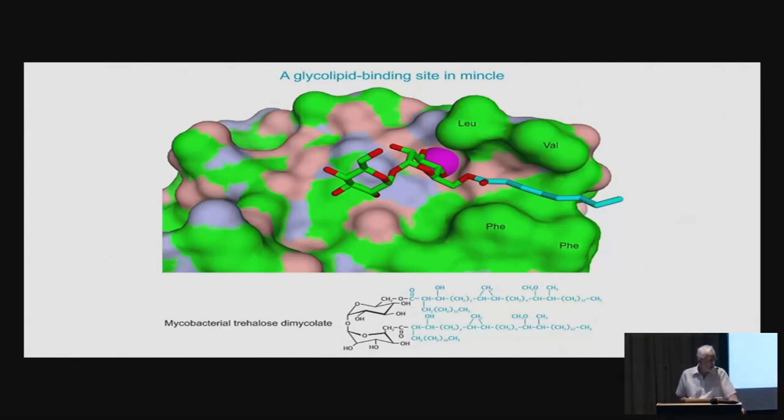You wouldn't normally have glucose, but it does occur in certain glycolipids, in particular mycobacterial trehalose dimycolate. The trehalose has two glucose residues. The glucose can bind in the primary binding site with a bit of a secondary binding site for the second glucose, but this is normally attached to this glycolipid structure, and the binding site is actually extended to allow interaction with the non-sugar part of the ligand.